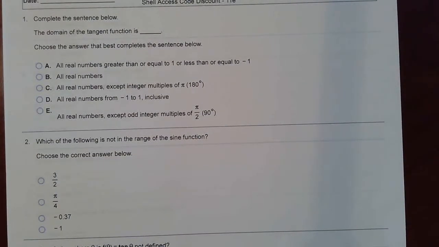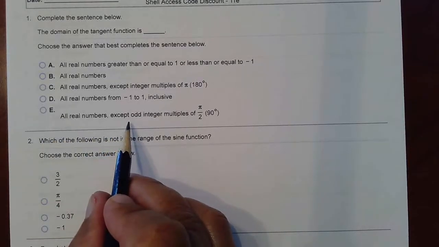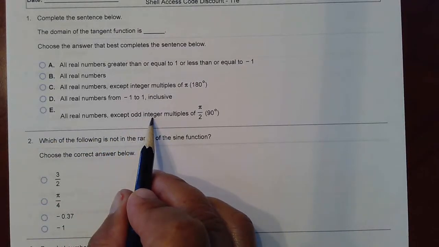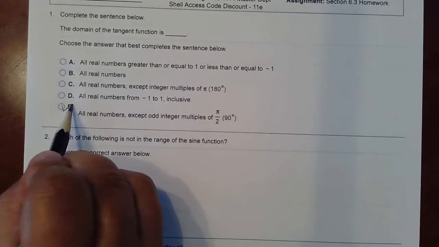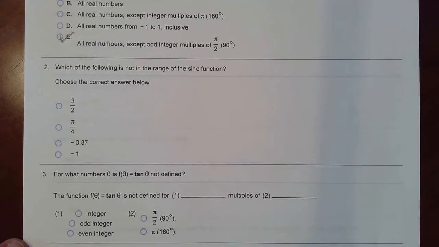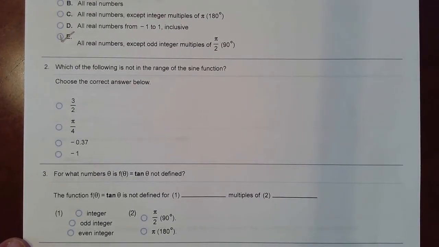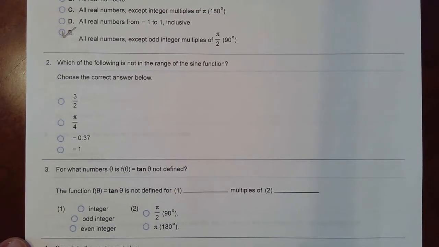So let's see, all real numbers except odd integer multiples of pi over 2. That would be E. Okay, you're not doing a problem. You're just looking at the graph, showing you understood what was discussed in that section regarding the tangent graph.